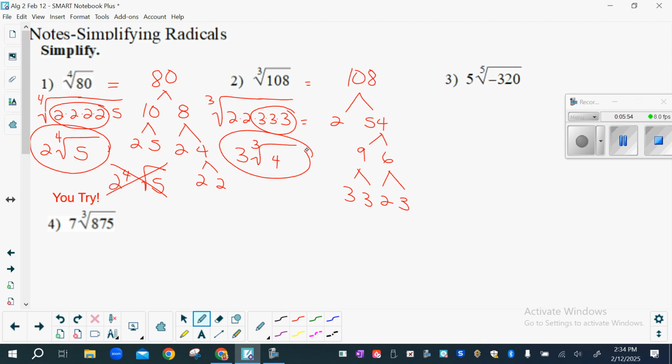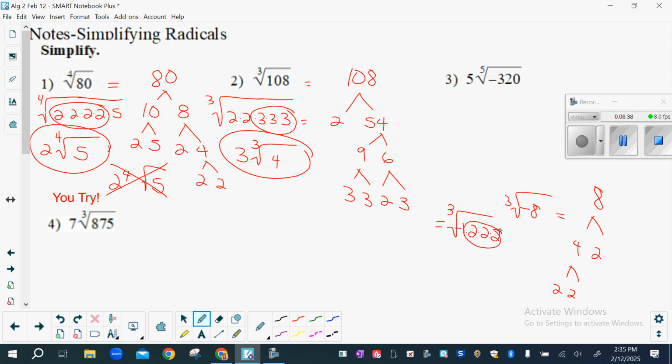Okay, number 3. This time we have a negative on the inside. So I'm going to do something else before I do that. Say we took the cube root of negative 8, sorry. 8 is 2 times 2 times 2, right? So this would be the same thing as the cube root of negative 1 times 2 times 2 times 2. So we have a group of 3 2's.